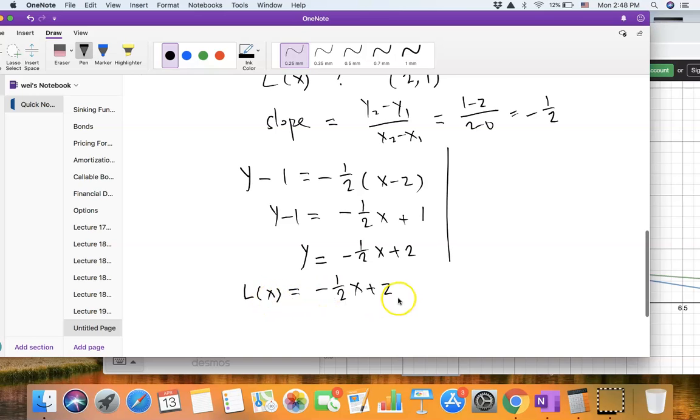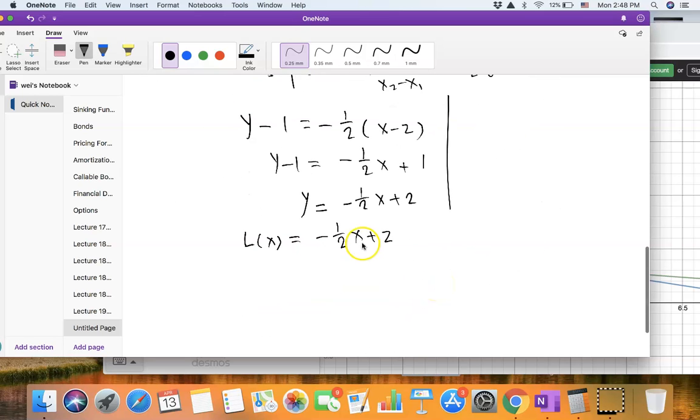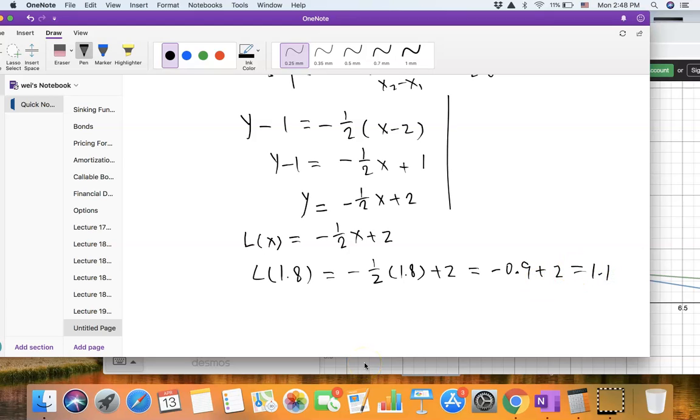Therefore, when x equals 1.8, L of 1.8 is negative 0.9 plus 2, which is 1.1.